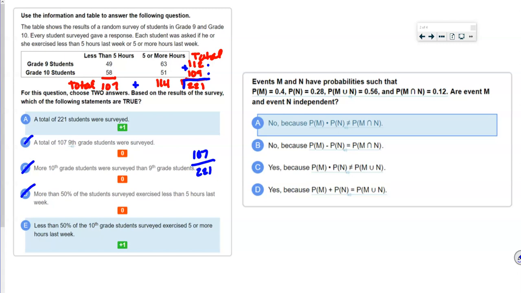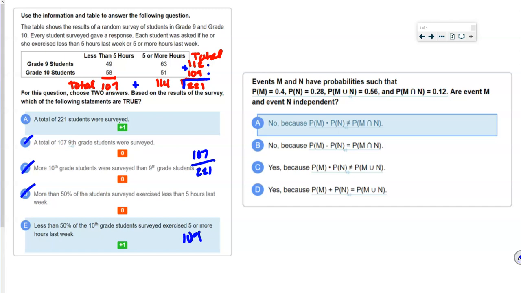Then it says less than 50% of the 10th grade students surveyed exercised 5 or more hours last week. So we're looking at the 10th grade students, so that's 109.